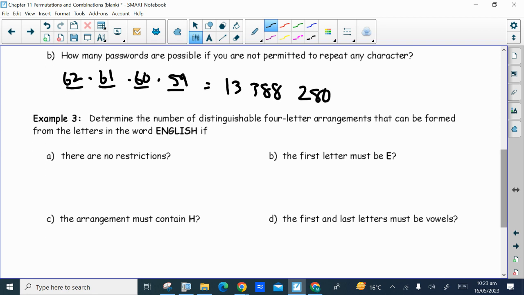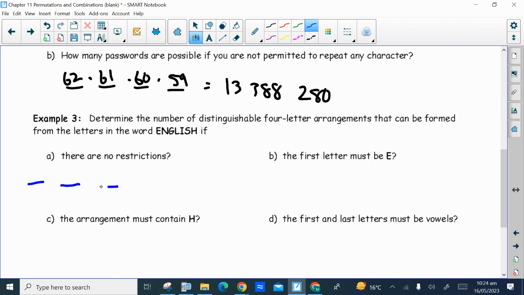Number 3 says determine the number of distinguishable 4-letter arrangements that can be formed from the letters of the word English. So that word has 7 letters, but we're only going to use 4 at any time. We want to know the number of 4-letter arrangements from the letters of the word English. And so for part A, it says there are no restrictions.